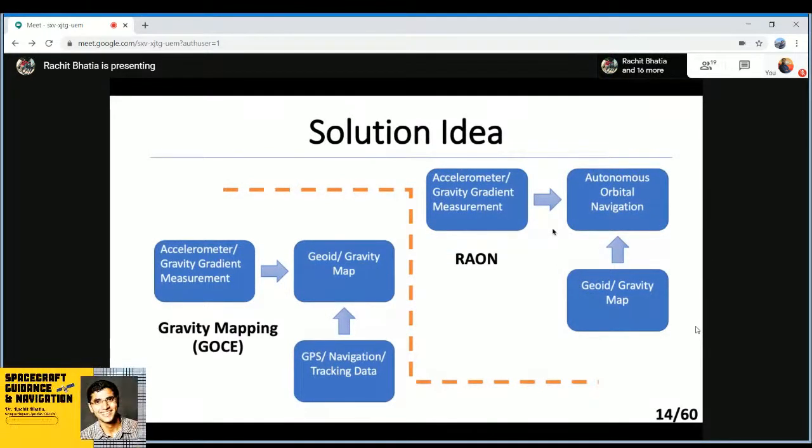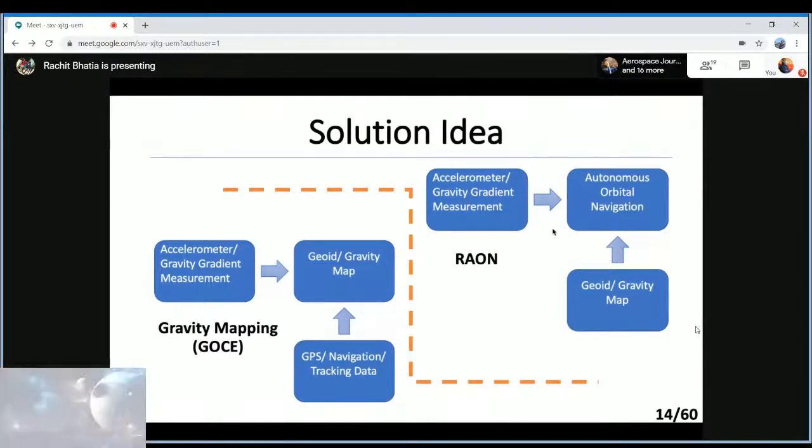The idea is that there have been these missions which used very powerful accelerometers on board to map the gravitational field of Earth. And how did they do that? By using these powerful accelerometers and also the GPS data. So these missions were in low Earth orbit, so they were generating these measurements on board.